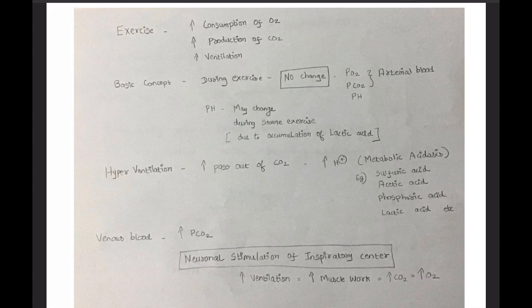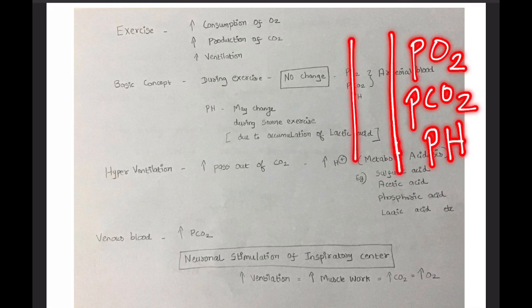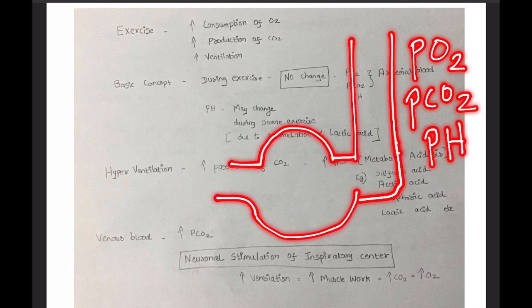Because what happens in severe exercise? In severe exercise, the partial pressure of oxygen, the partial pressure of carbon dioxide and pH show no change in the arterial blood, but the muscle tissue will need more oxygen and it will produce more carbon dioxide.